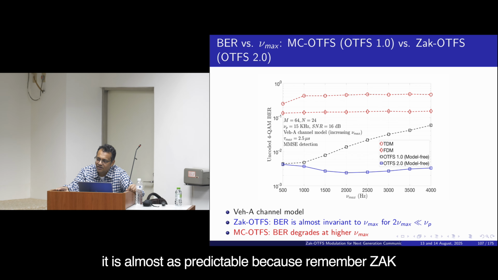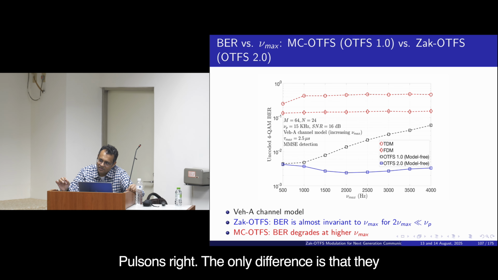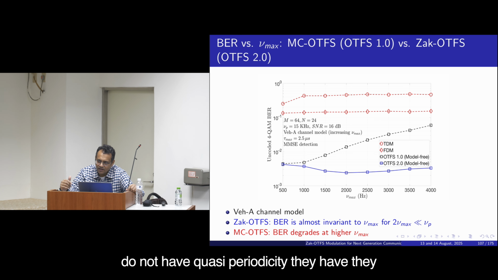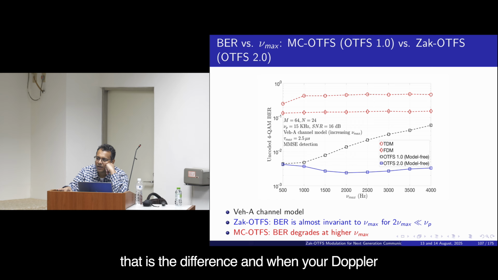It's almost as predictable, because remember, MC-OTFS is also sending something like pulsons, right. The only difference is that they don't have quasi periodicity. They have exact periodicity along delay and Doppler. So that is the difference.